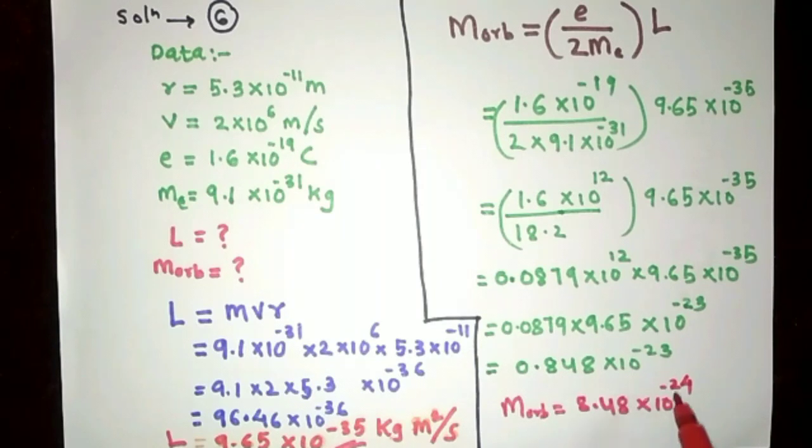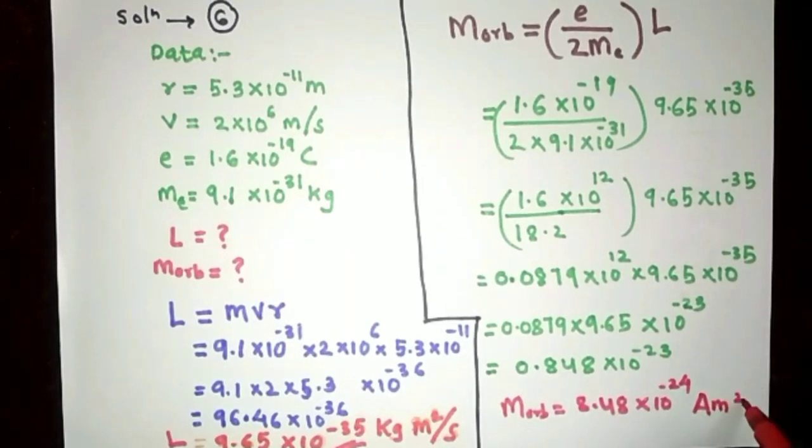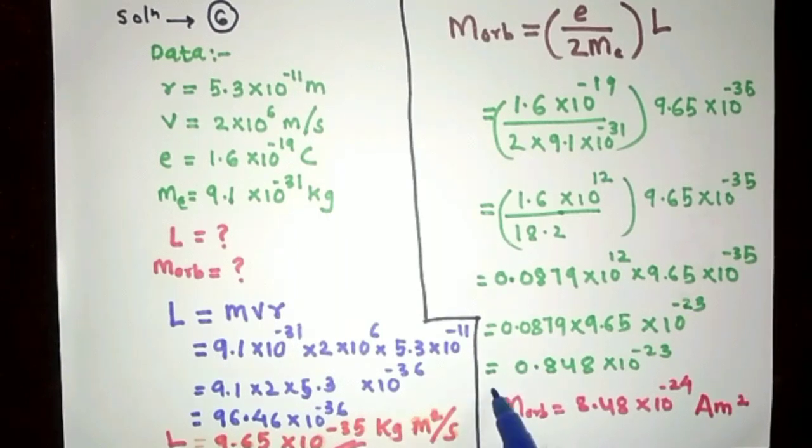And as it is magnetic moment, the unit is ampere meter square. So this is the answer.